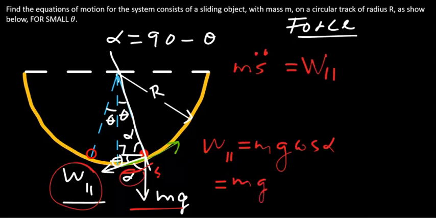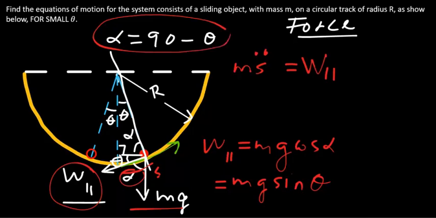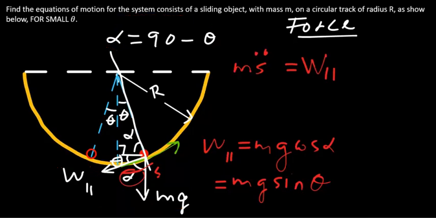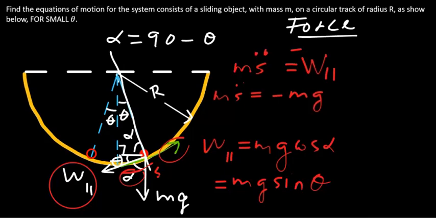Cosine alpha means sine theta, because alpha plus theta is 90 degrees. Now we have to put a minus sign here because the net force opposes the direction of motion. So the equation of motion becomes m s double dot equals minus mg sine theta.